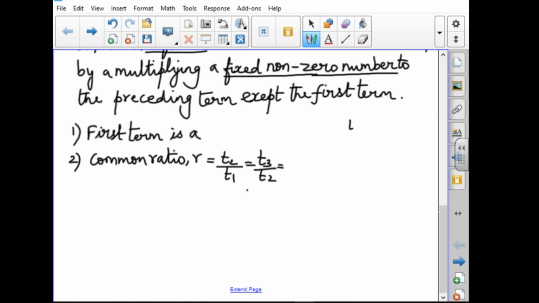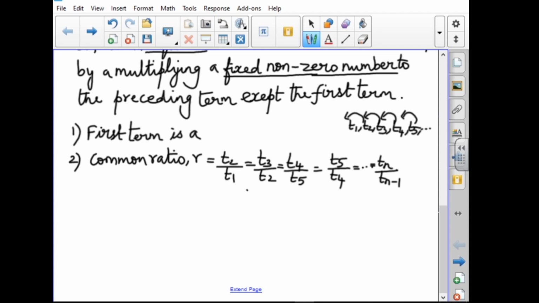Suppose the GP is T1, T2, T3, T4, T5, etc. In AP we find the difference; here you have to find the ratio. T2 by T1, next T3 by T2, next T4 by T3, next T5 by T4. If we continue, you will get Tn divided by Tn minus 1.